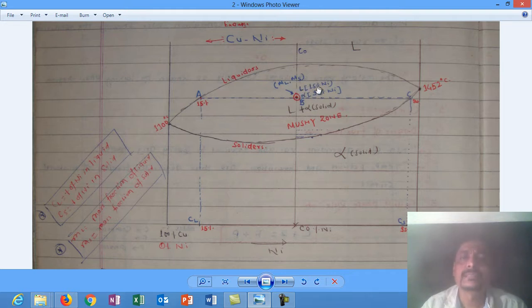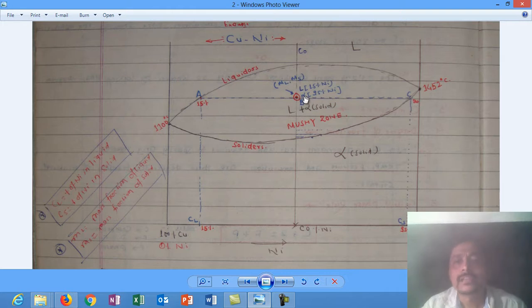The percentage of nickel in the liquid phase is denoted by Cl, where L is for liquid. For example, at this point Cl is 50%.